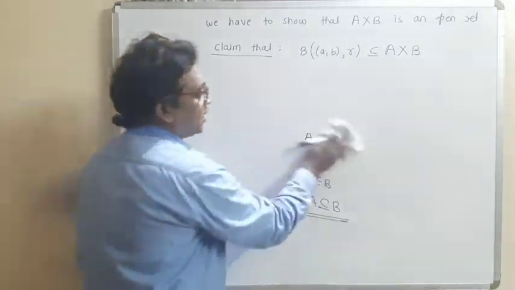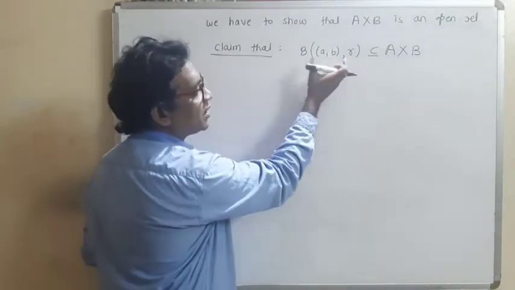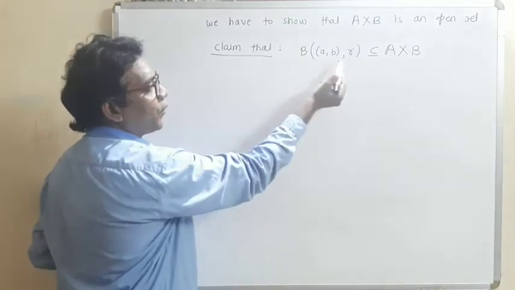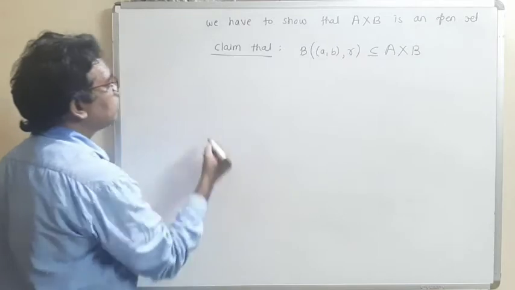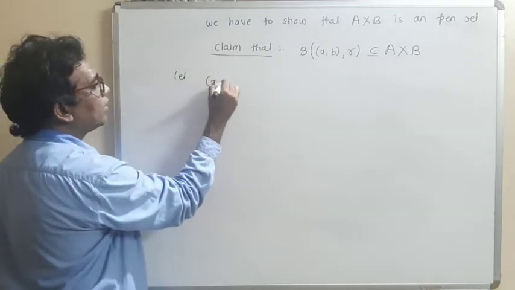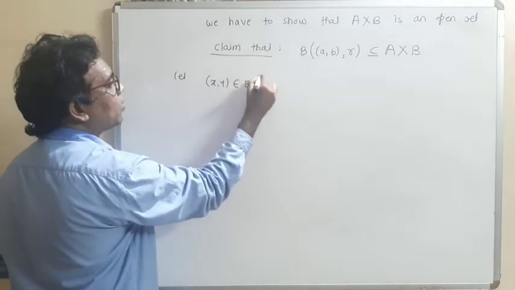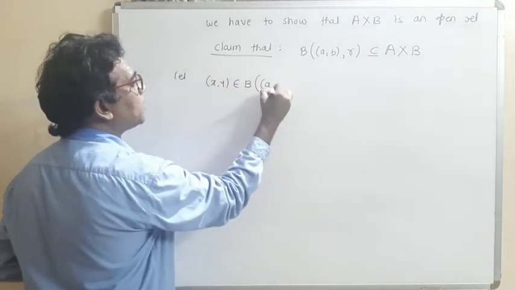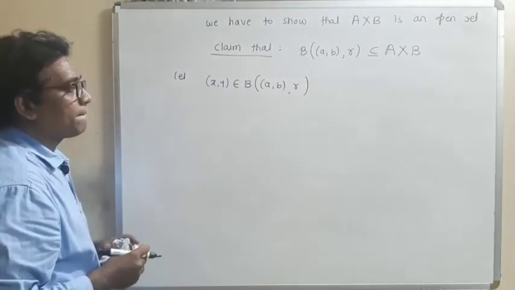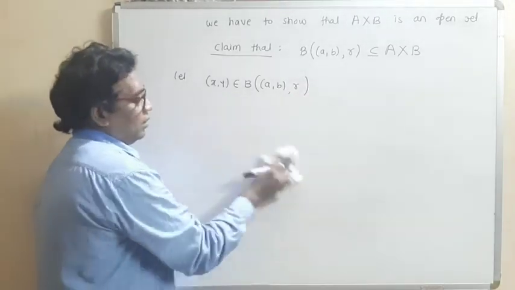Now we want to show that this first set is a subset of the second set. So how to show that subset? First of all take one element belonging to the first set. So write down, let (x, y) belong to this open sphere B with center at (a, b) and radius r.